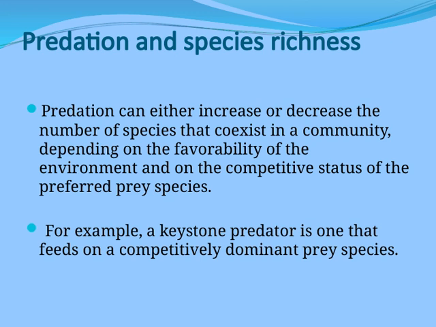By doing so, it prevents that species from taking over completely, which actually helps maintain a diverse community. So, in essence, predation isn't just about reducing prey numbers. It can also promote biodiversity by controlling dominant species and opening up space for others to thrive. This connects directly to our overall theme of understanding how interactions shape community structure and diversity.